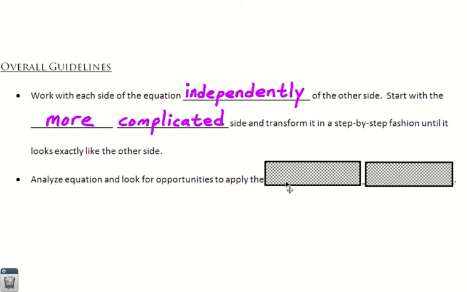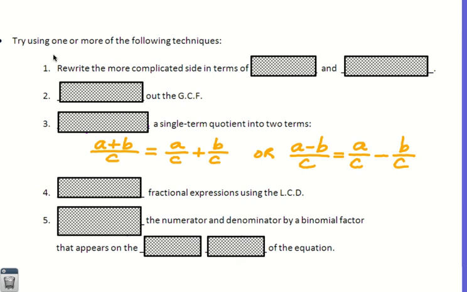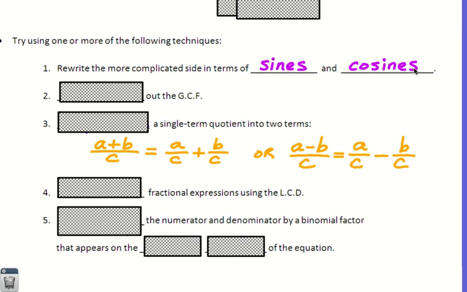Analyze the equation and look for opportunities to apply the fundamental identities. Right? Heck yeah, including the Pythagorean. Try using one or more of the following algebraic techniques. Now usually, in fact, this pretty much always involved using the fundamental identities, right?